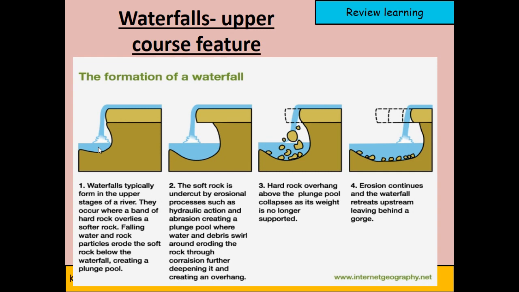And then the chemicals in the water. This happens more regularly at the sea, where you've got the salts and things in the water, but it can still happen in river water as well. So there you've got the chemicals dissolving the rock as it flows over. Okay, so when you talk about that, you must make reference to those features.